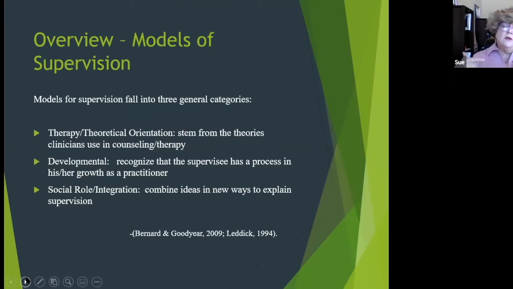Developmental, and I'm going to speak a little bit more about developmental in a minute, but the developmental models take into consideration that your supervisees are going to be at different developmental places when you're working with them.